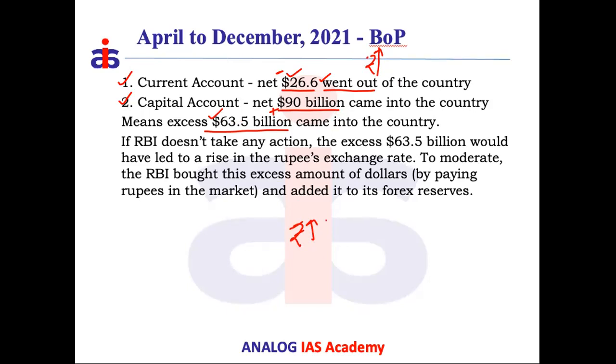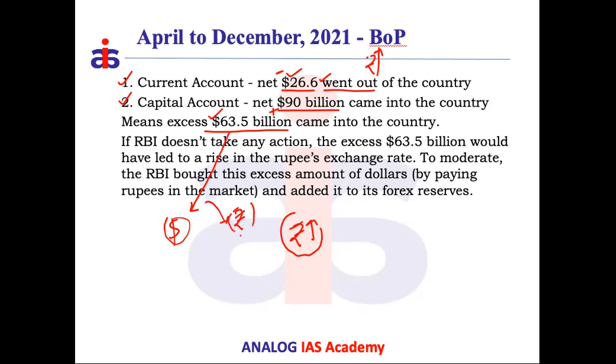Then to soften the exchange rate between rupee and dollar, what RBI does is it will purchase the dollars from the foreign exchange companies, and RBI will release rupees.